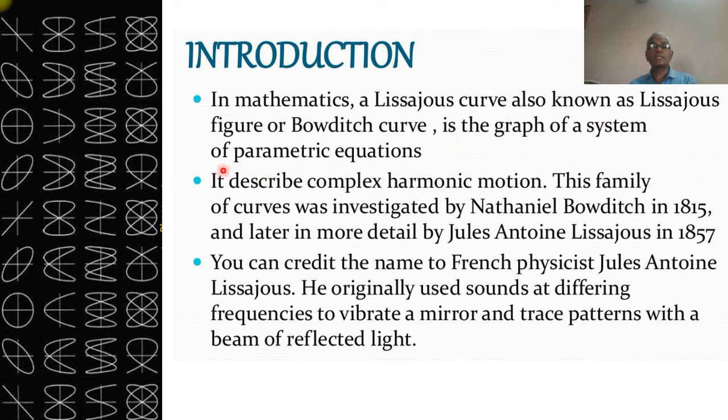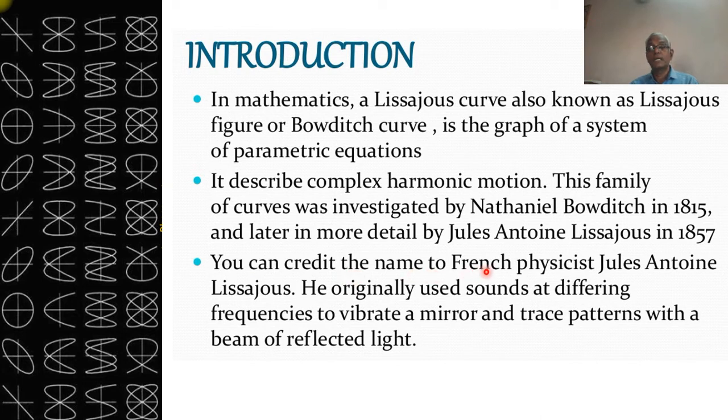It is the graph of a system of parametric equations, and it describes complex harmonic motion. This family of curves was investigated by Bowditch in 1815, and later in more detail it was studied by Jules Antoine Lissajous in 1857.